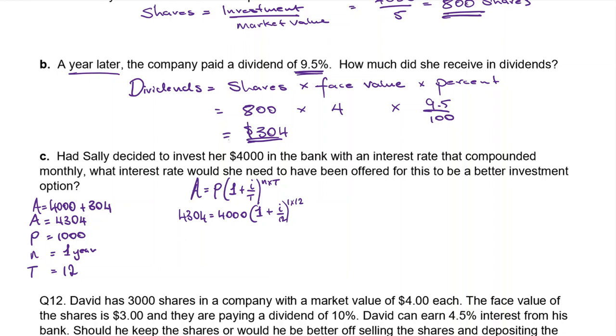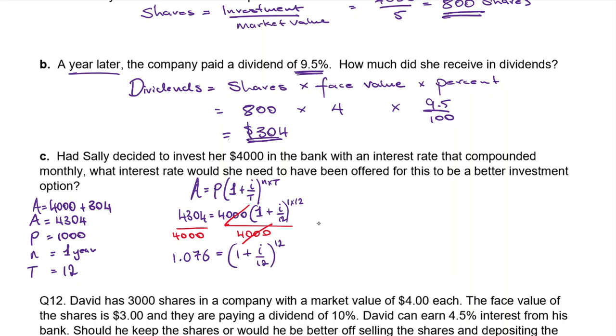So now I will divide by 4,000 on both sides, because I want to separate I from everything else. That 4,000 will go there, and then you'll have 1.076 equals 1 plus I over 12 to the power of 12.